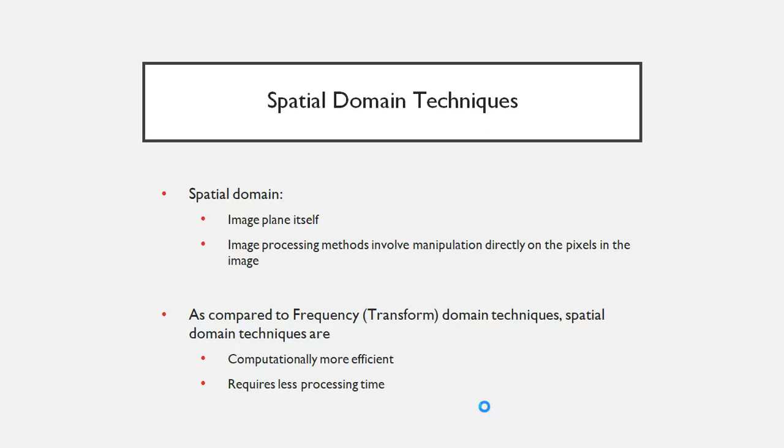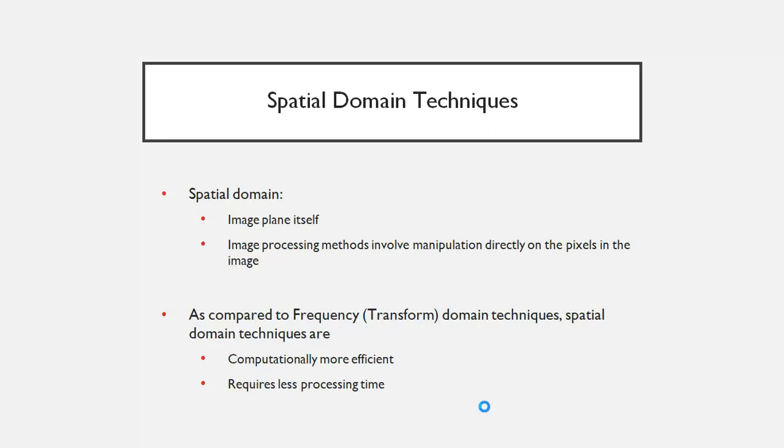In the earlier video, we have already seen what we understand by spatial domain technique. When we are dealing with the image in its spatial domain, in its raw form itself, and the manipulations are involved directly on the pixels of the image, such techniques are classified as spatial domain techniques.